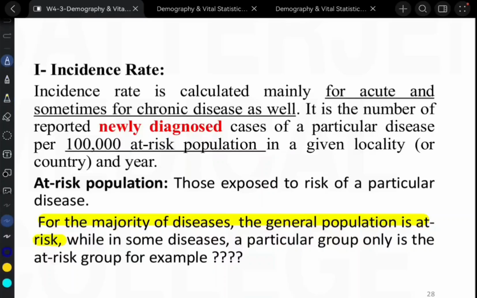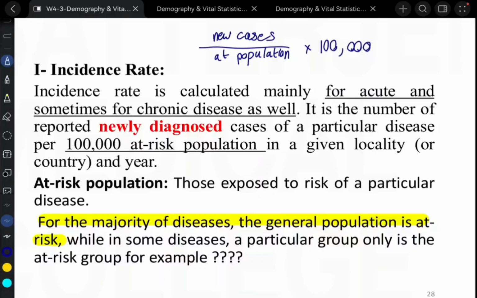Now, the equation here, if I understand it correctly, is basically the new cases over the at-risk population times 100,000.